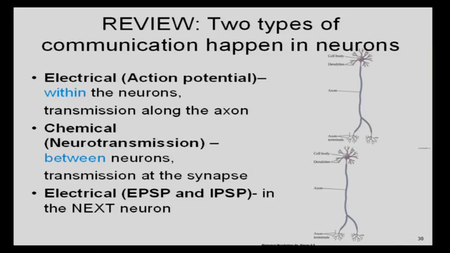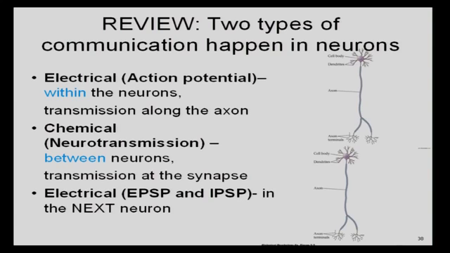Okay, so we've reached the end of our big review of communication, the major mode of communication. And I want to end by trying to review all the different concepts that we've gone over. We've talked about two types of communication that can happen in neurons. Electrical activity and electrical communication occurring in the form of EPSPs, IPSPs, and summation at the level of the cell body and the dendrites.